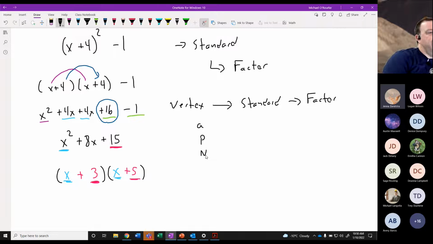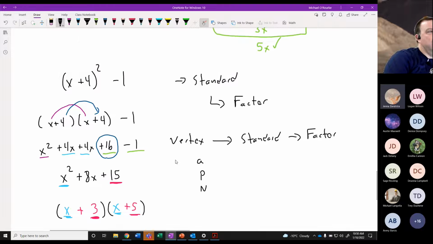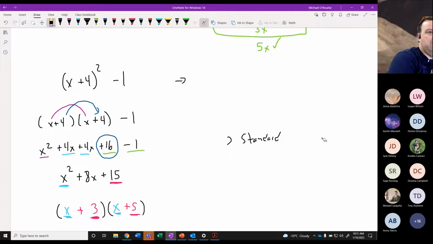So I'm going to give you another question now. Now it's going to be a little bit different because I'm going to put a number in front. So let's give it to you in blue here.